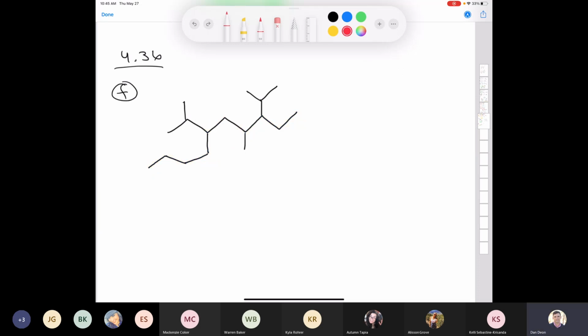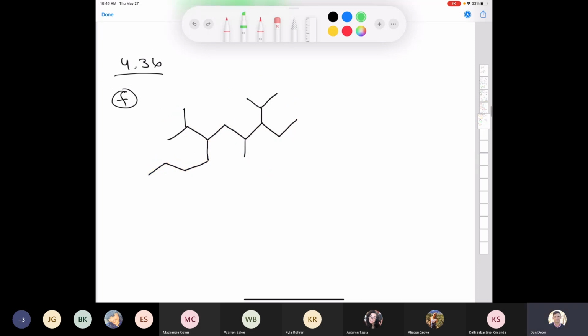What I had highlighted in yellow, that is 10 carbons. Look, 1, 2, 3, 4, 5, 6, 7, 8, 9, 10. Then I have 1, 2, 3 substituents. Well, look, if I do this instead, from 1, 2, 3, 4, 5, 6, 7, 8, 9, 10, then I have 1, 2, 3, 4 substituents.